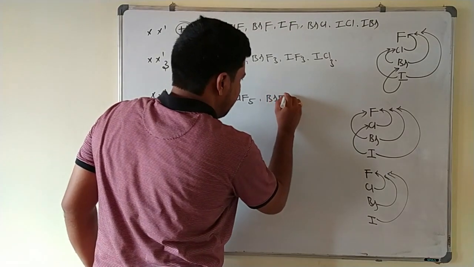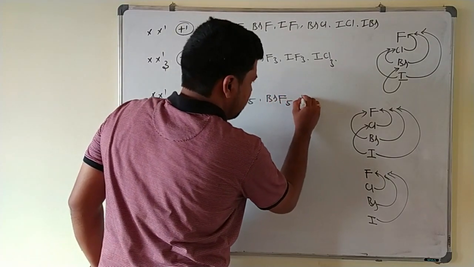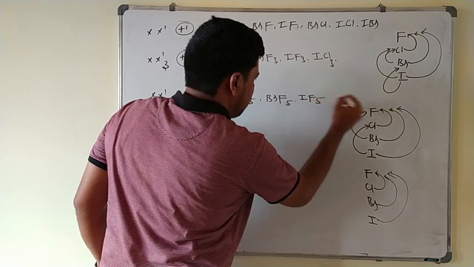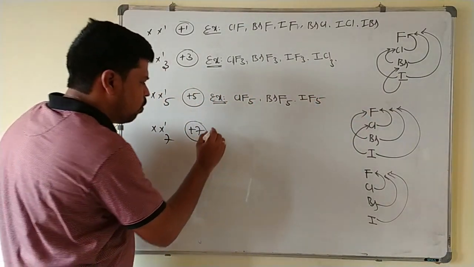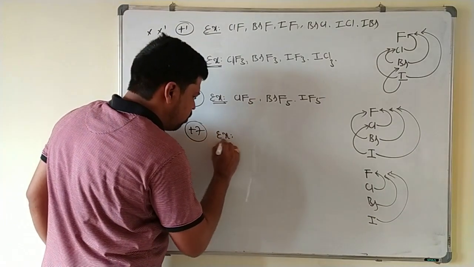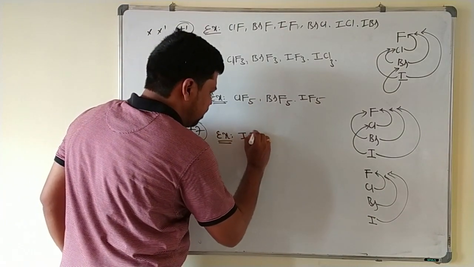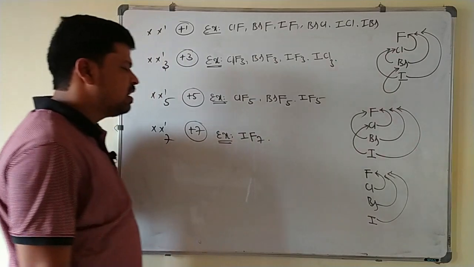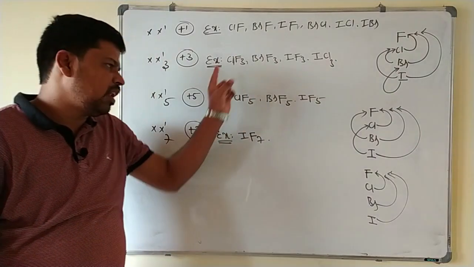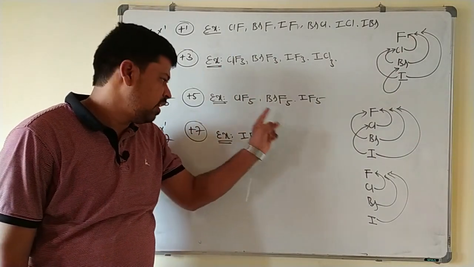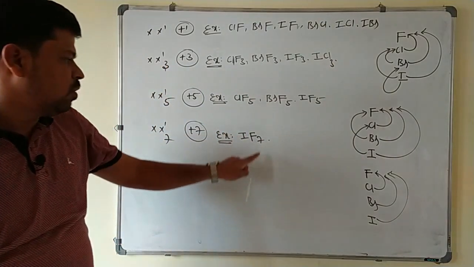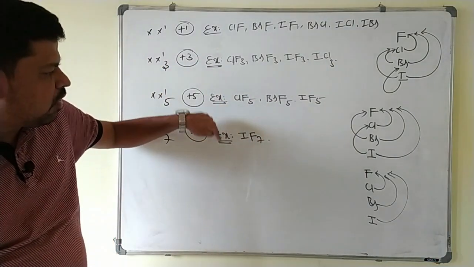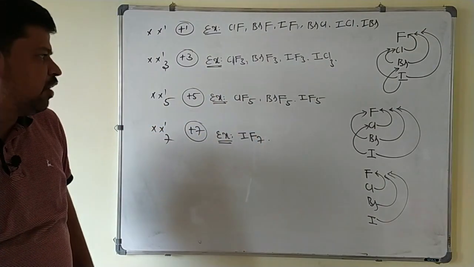Next is BrF5, and then IF5. In the case of XX'7, only one interhalogen compound is possible, that is IF7. The remaining are not possible due to steric hindrance. Because of the larger size of the remaining atoms, there cannot be 7 atoms surrounding the central atom. Only because of its small size, 7 fluorine atoms are possible around the iodine atom.